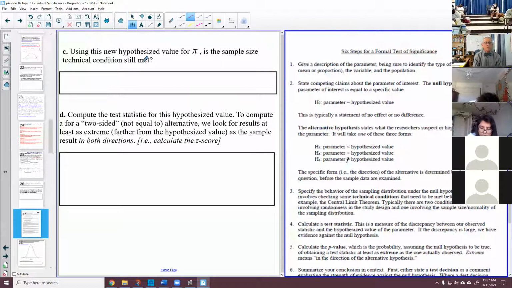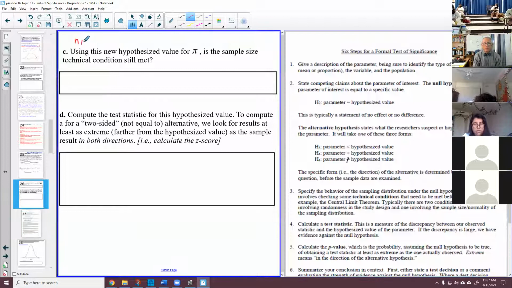You would use the formulas n times pi is greater than or equal to 10, n times 1 minus pi is greater than or equal to 10. And we also have to know whether it was selected randomly. That's correct. We know they were collected randomly, because that was at the beginning of the problem. But is n times pi greater than 10?